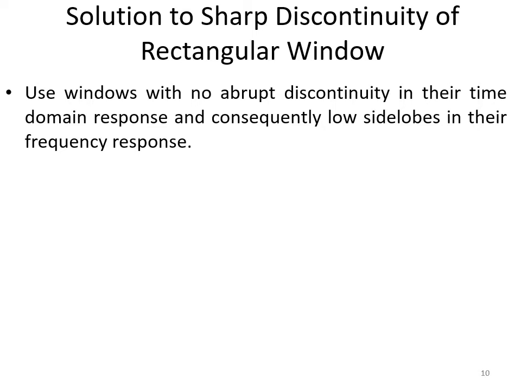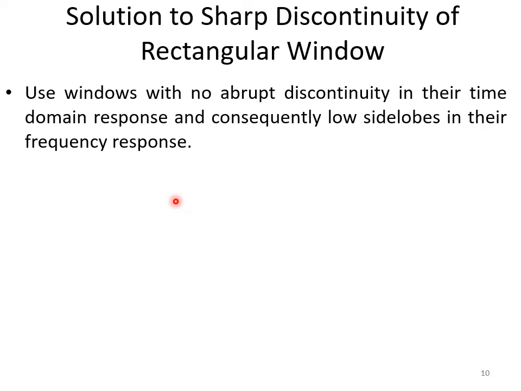Now, what is the solution for these oscillations? Choose another window function, right? Because the rectangular window function has a sharp discontinuity. So, use a window with no abrupt discontinuity in its time domain response, and consequently low side lobes in the frequency response, right?